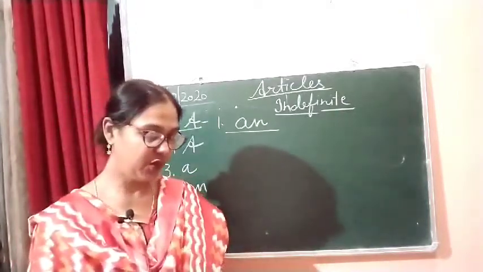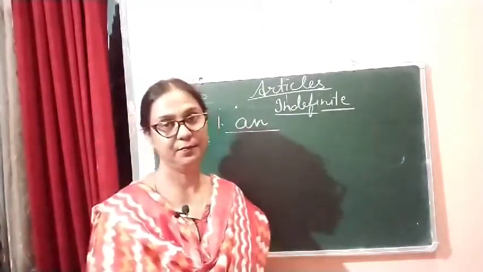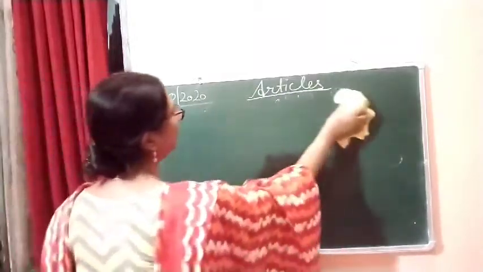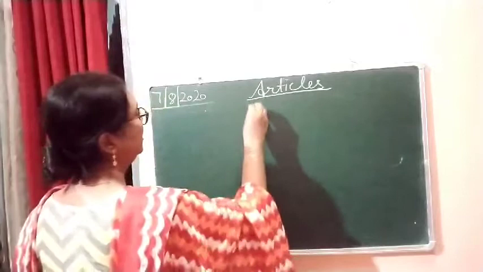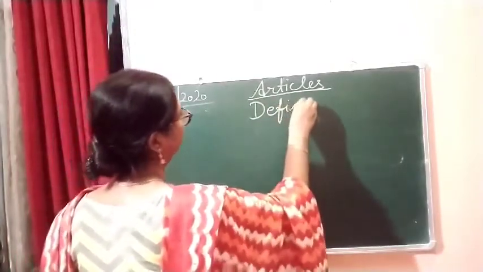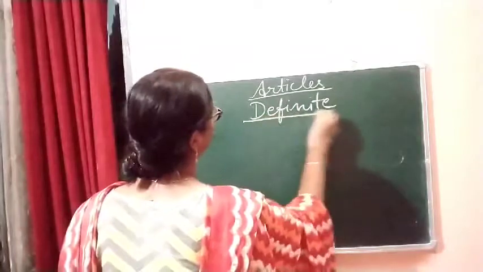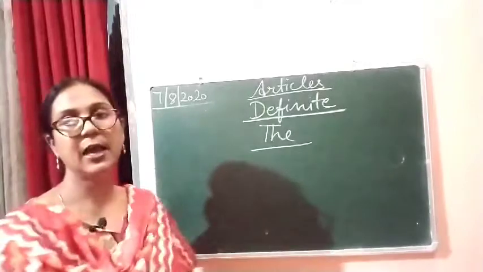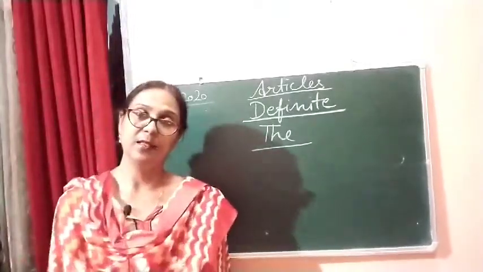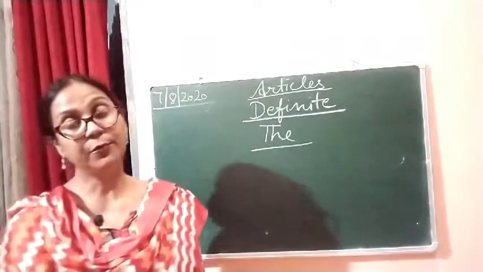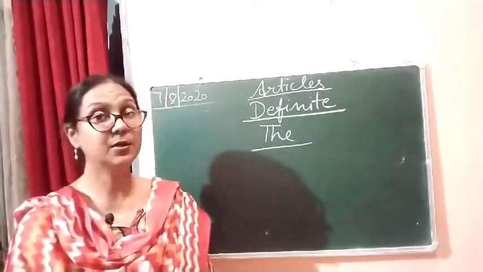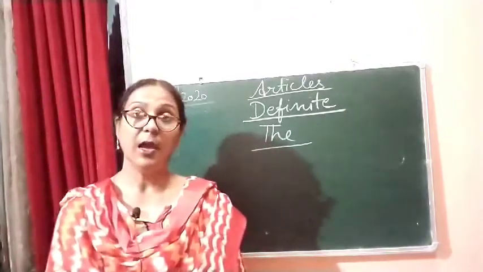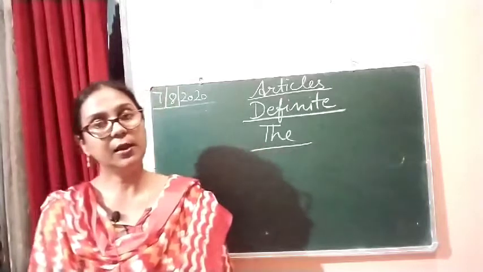Now we are moving to the use of the article the. We have learned about the indefinite article. Now we are moving to the definite article. This is only the. As I told you yesterday, the is used before unique things, famous monuments, famous books, famous rivers and mountains, anything geographical.